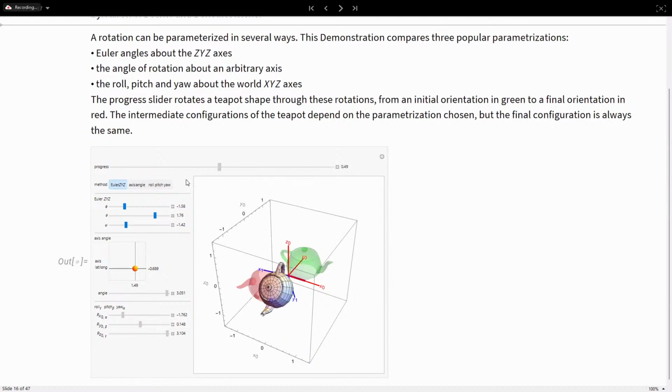And with these three angles, that's enough to rotate an object into any orientation. Often 2 angles is enough, but not always. So they use 3 angles for the most part.